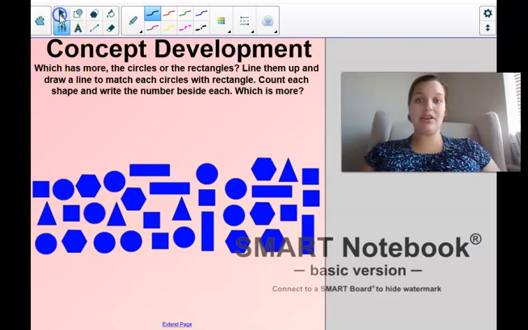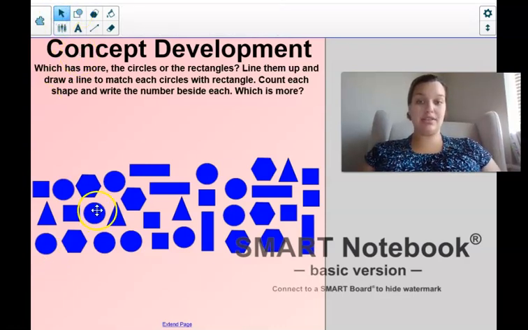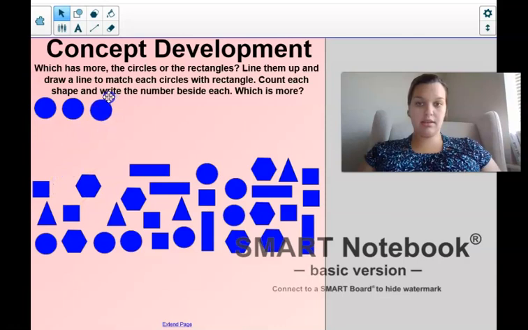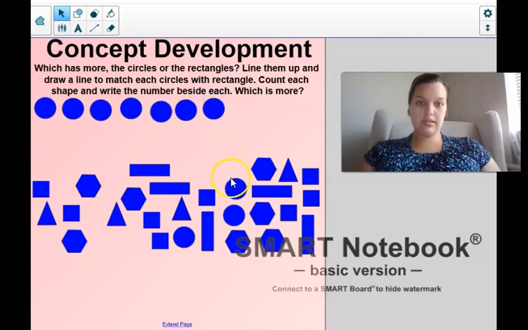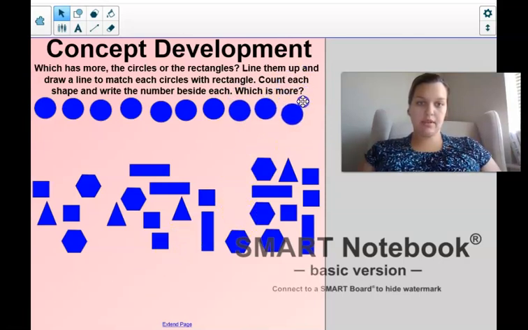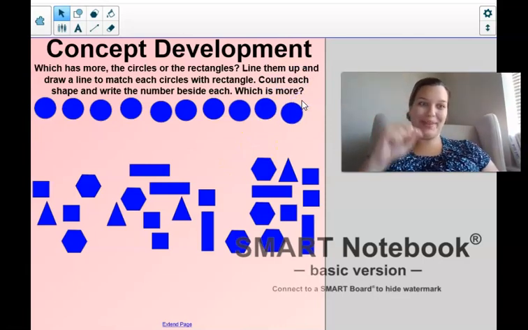We need to figure out if there are more circles or rectangles. I'm going to pull all the circles up. There are a bunch of them, aren't there? Okay. Did I grab all the circles? Yeah.